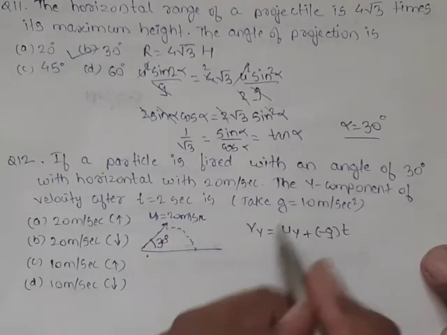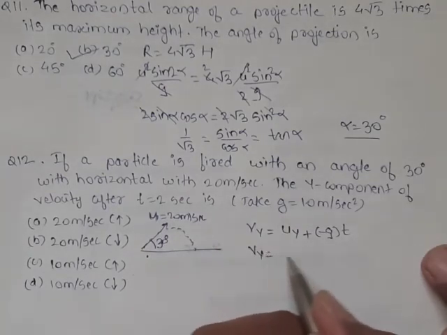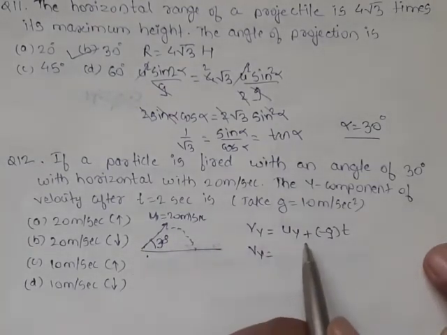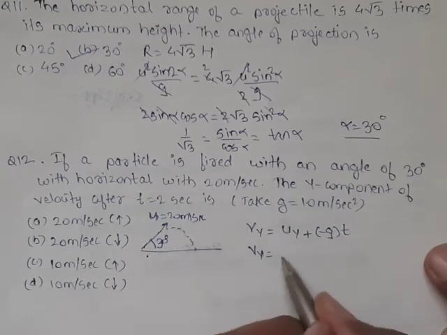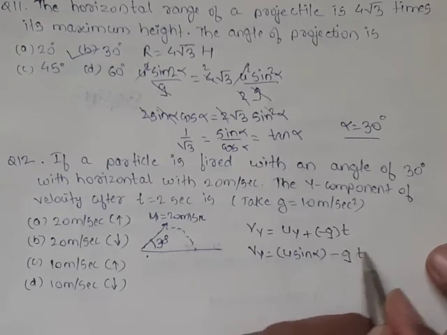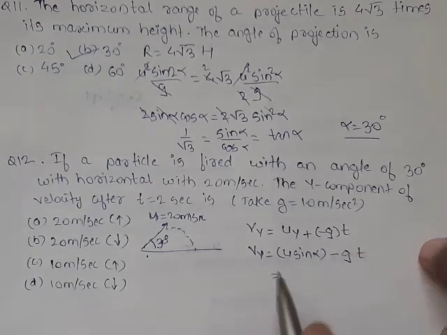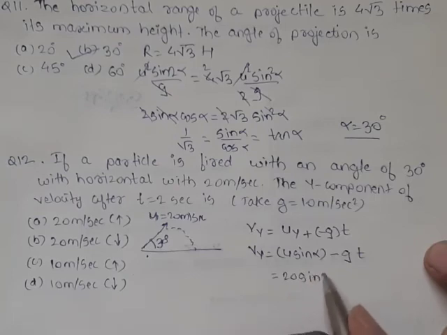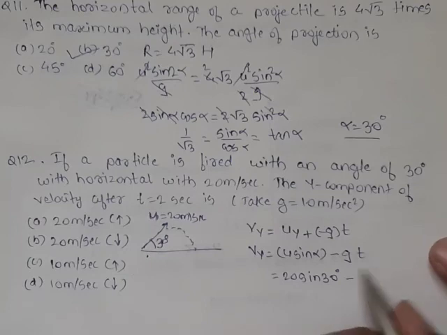So here vy, the y component of velocity, is asked. Uy, what is uy? Uy is the y component of initial velocity, meaning u sine alpha, minus g into t. So what is the value of u? u is equal to 20. What is the value of alpha? 20 into sine 30 degrees minus, what is the value of g? g is taken equal to 10, into t.